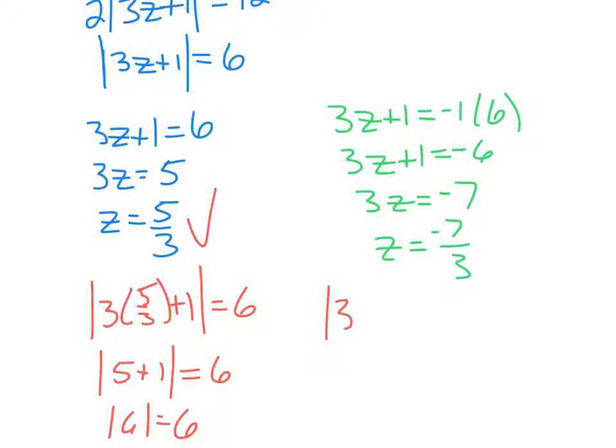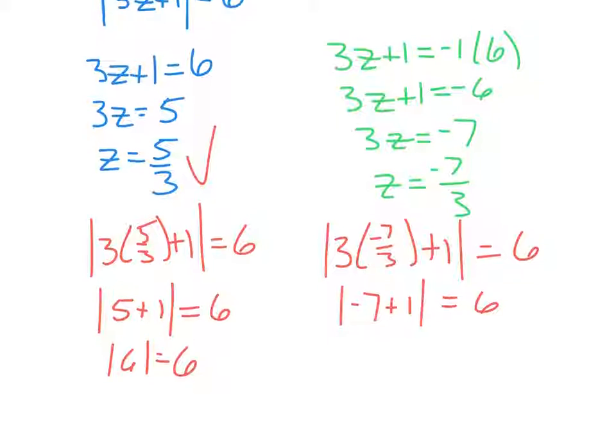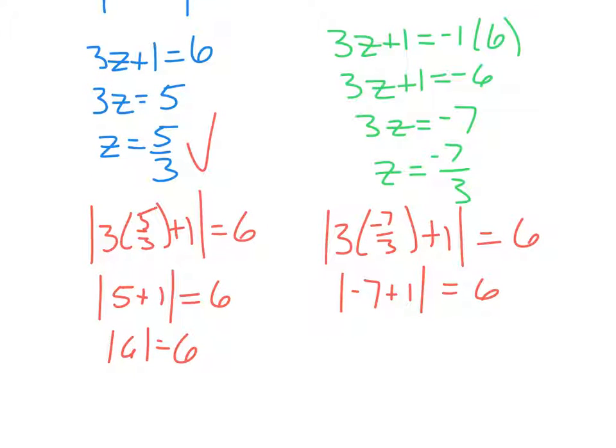Absolute value of 3 times negative 7 over 3 plus 1. And does that equal 6? And so then we're going to have the absolute value of negative 7 plus 1, which is the absolute value of negative 6 equaling 6. And so then we are happy about that also.